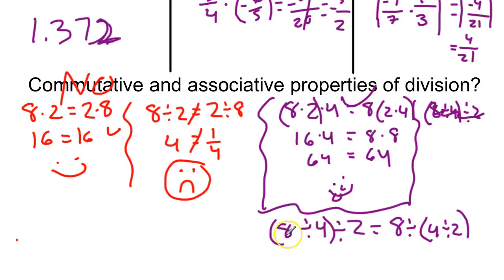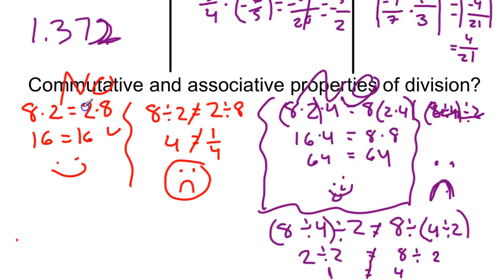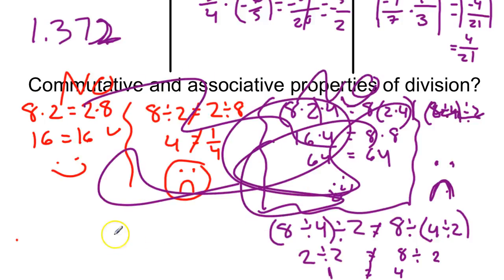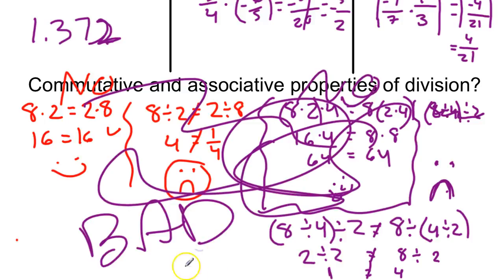So I need to do the grouping symbols first. 8 divided by 4, that's 2, divided by 2, and that's going to equal 1. Over here, I need to do this first. 4 divided by 2, that's 2. And I have 8 divided by 2, and that's going to be 4. So these are not equal. This makes me sad. So do the commutative and associative properties work for division? No, no, no, no. This is bad.